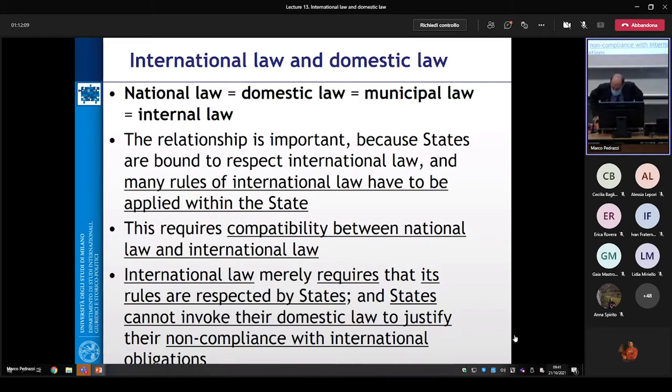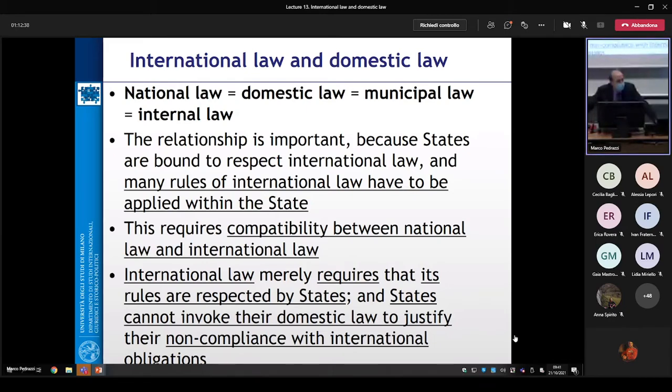Now, the only thing which is required by international law is that states respect it. The interest of international law is to be respected by states. And states cannot invoke their domestic law to justify the fact that they do not respect international law.